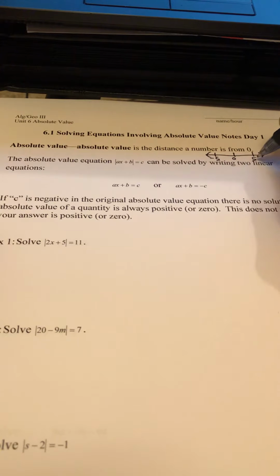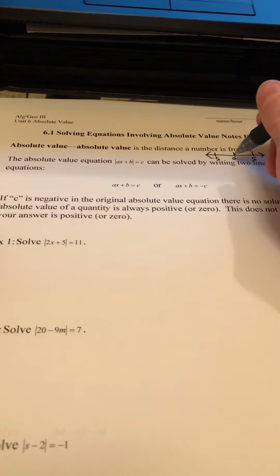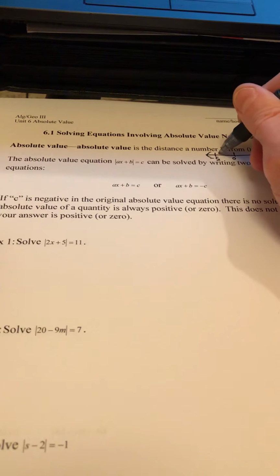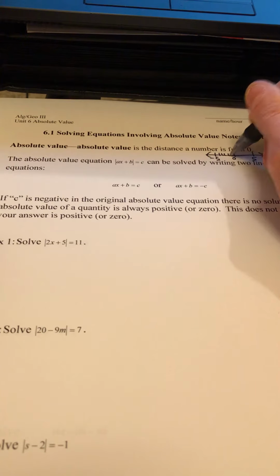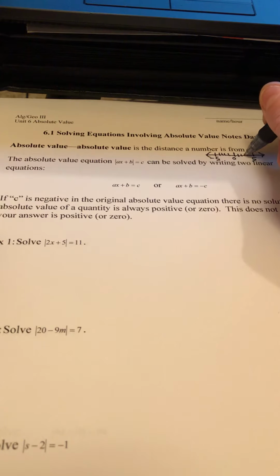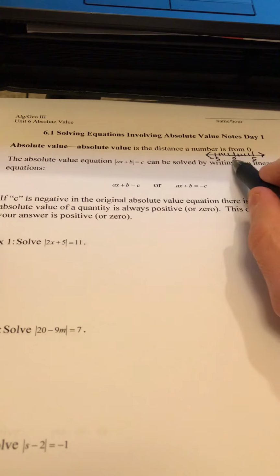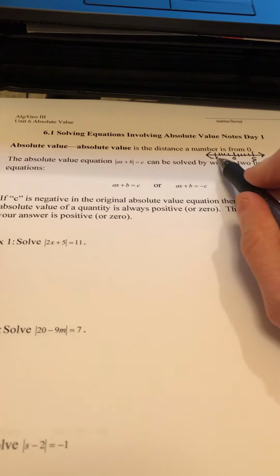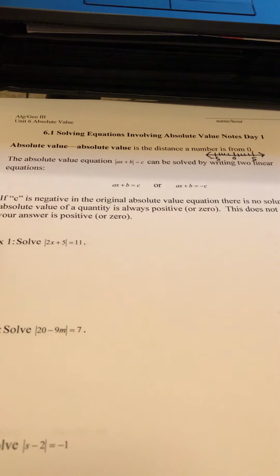Well, from 0 to 5, it's 5 units away from 0 in a direction going to the right. -5 is also 5 units away. If we put in hash marks here to even represent that, the only difference is -5 is 5 units to the left of 0. So that's what that definition is talking about.